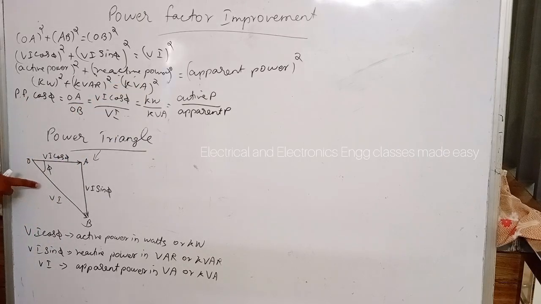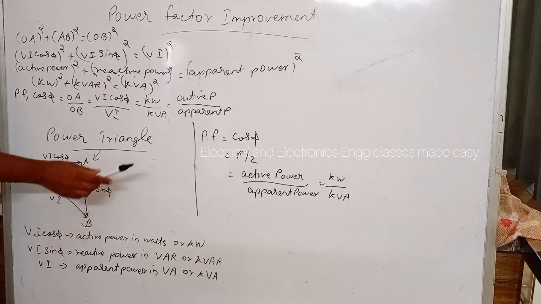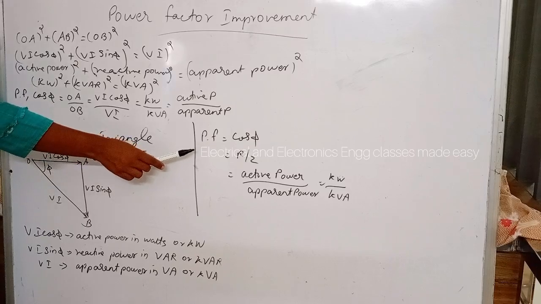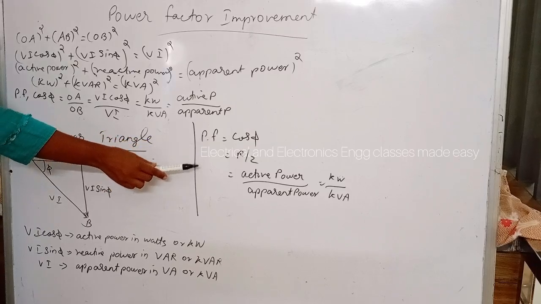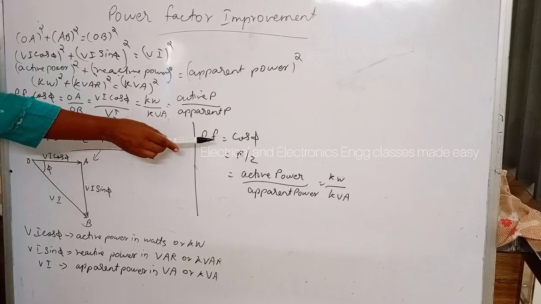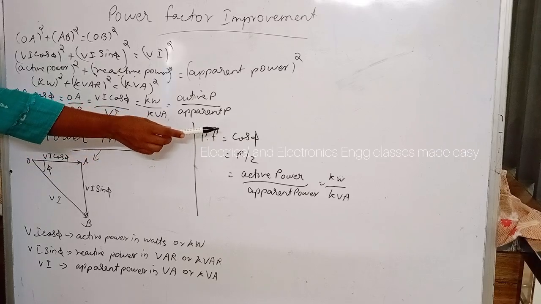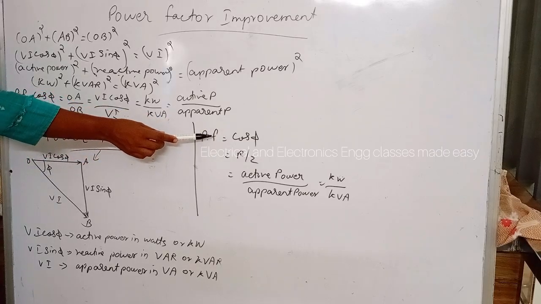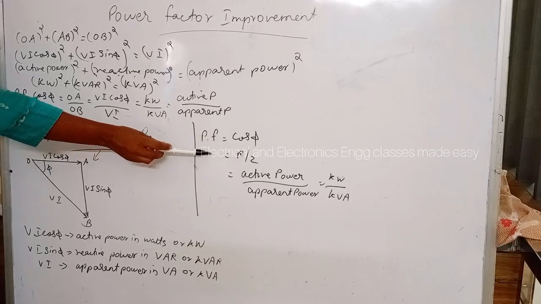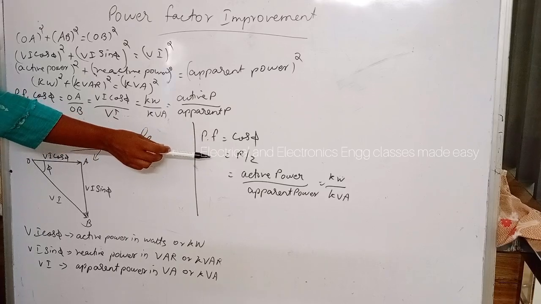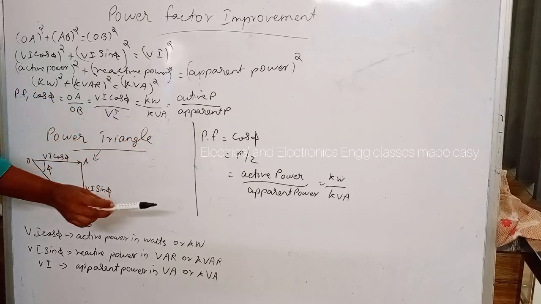So power factor is equal to active power divided by apparent power. So the power factor of a circuit can be defined in three ways. That is, power factor is equal to cos phi, the cosine of the angle between the voltage and current. Then power factor is also equal to R by Z, that is the ratio of resistance and impedance.